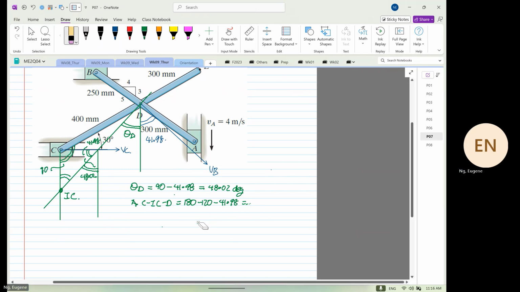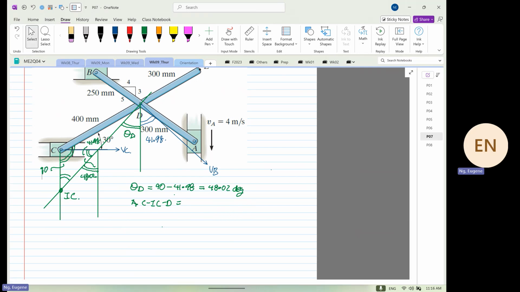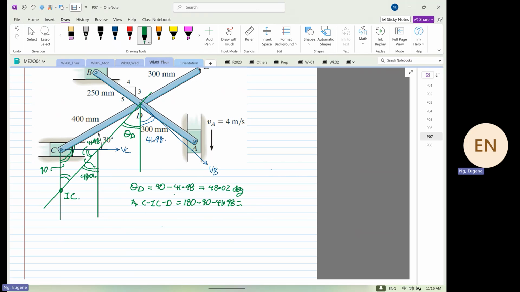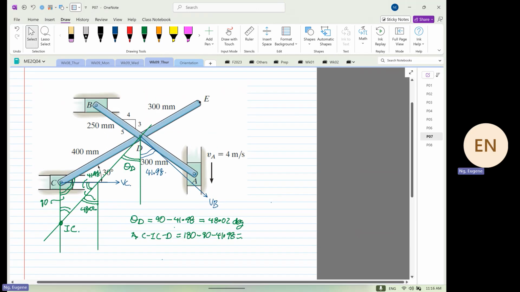So it's 180 minus 90 minus 41.98, which is equal to 48. Wait, there's something wrong down here. I made a mistake down here.